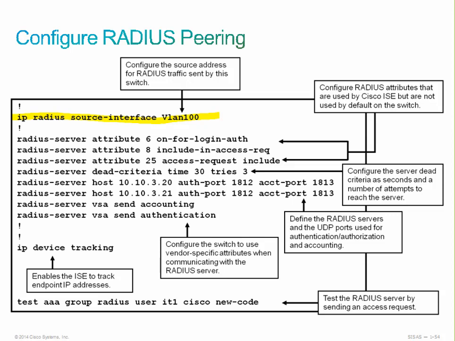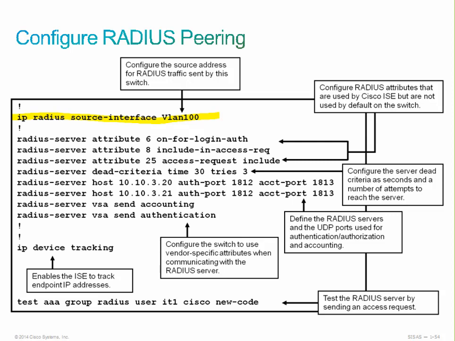So we configure the interface from where all the RADIUS traffic comes from by using the ip radius source-interface command, in this case VLAN 100. If you don't specify that, I think it actually comes from the lowest IP address. Well, it depends on how the traffic is exiting the device itself.